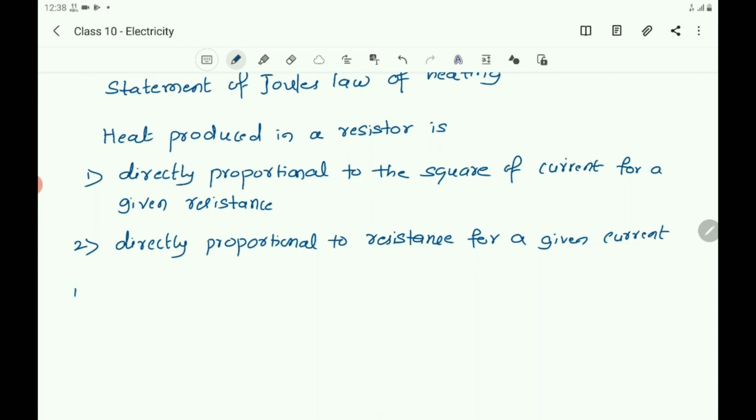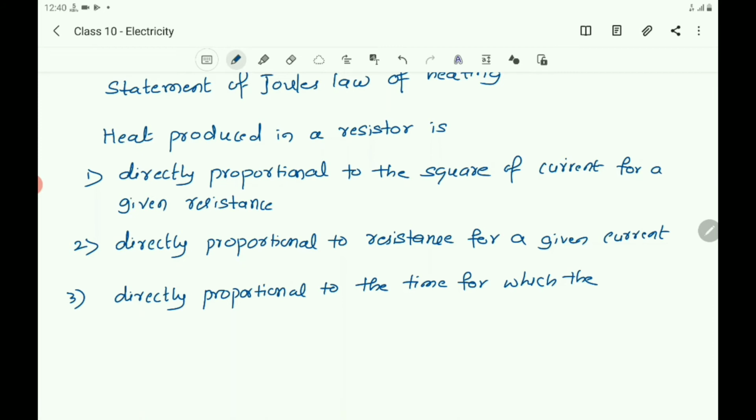And directly proportional to the time for which the current flows through the resistor.